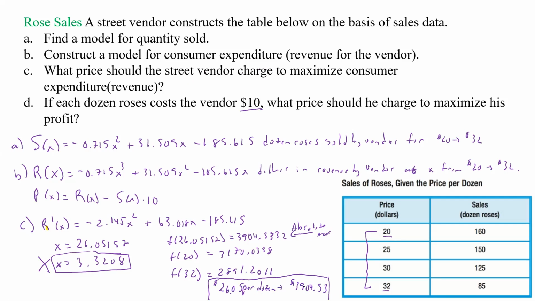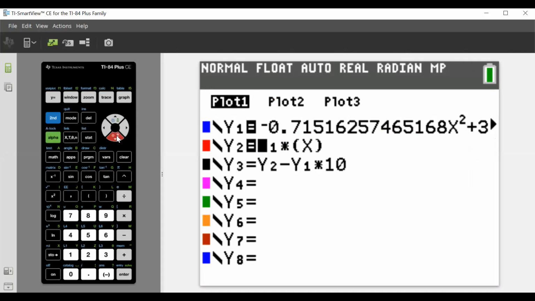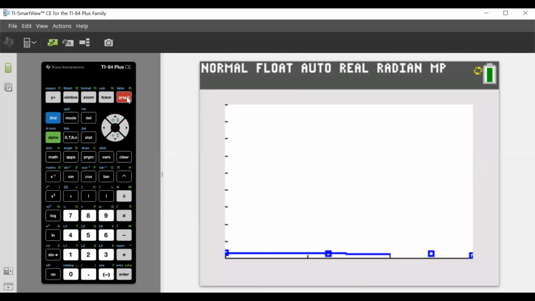Okay. Now the last one is the R of X minus S of x times 10. And I think that one was working for our calculator because the only issue was we weren't going up high enough. And so now we can turn off that one and we can go probably not as high if I remember right.